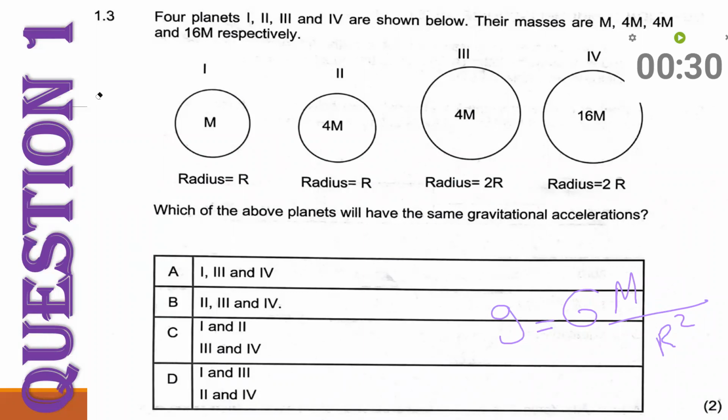Not M1, M2; for all four, just M. This is the formula for gravitational acceleration. Capital G is a constant number you can get in the formula box. M is the mass of the planet and R is the radius of the planet. So you use this formula for each, and then you say which ones are equal: 1, 3, 4 all equal, or 2, 3, 4 equal, or 1 and 2 equal and 3 and 4 equal.